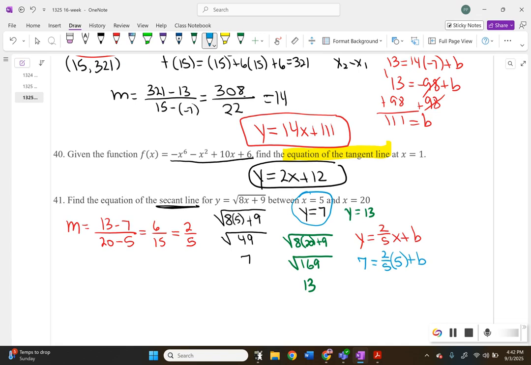You can type this in your calculator if you want to, but those 5's cancel. So we have 7 equals 2 plus b. Subtract 2, and we get 5 equals b. So my equation is going to be y equals 2/5 x plus 5.